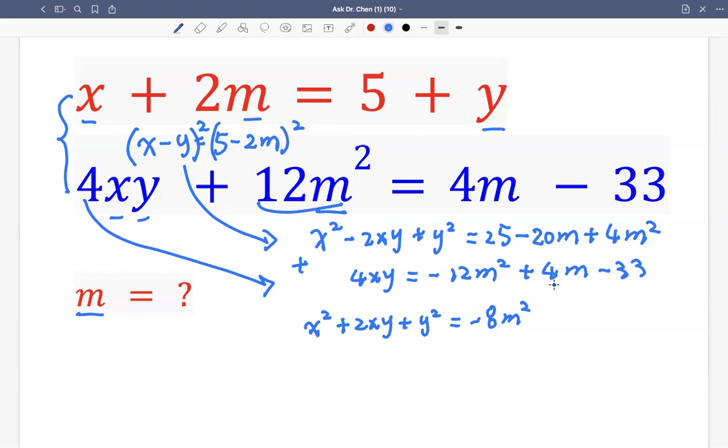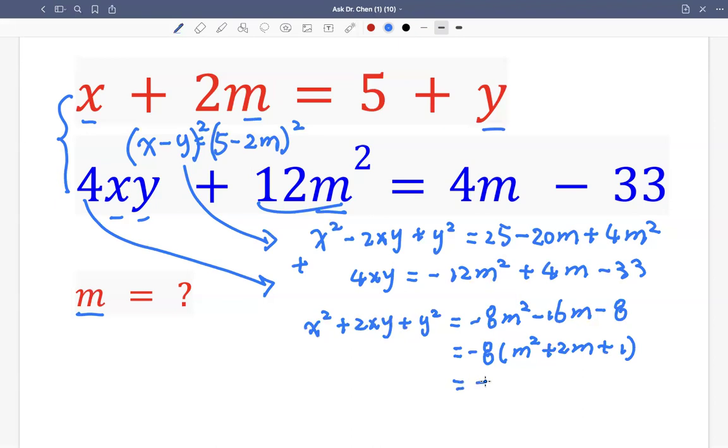Then negative 20m plus 4m, that's negative 16m. 25 minus 33, that's negative 8. So the three terms on the right-hand side have a common factor of negative 8. So let's factor out negative 8. We get m squared plus 2m plus 1, right? The negative 8 is factored out.